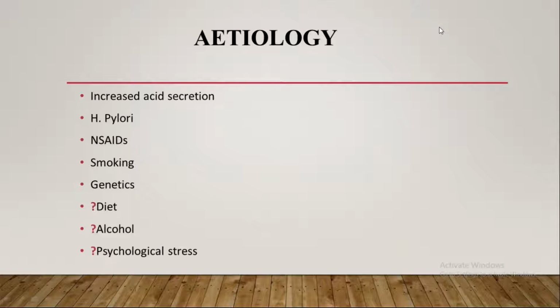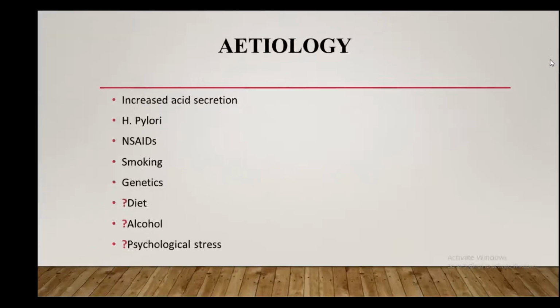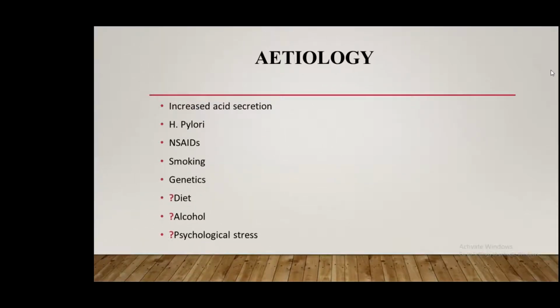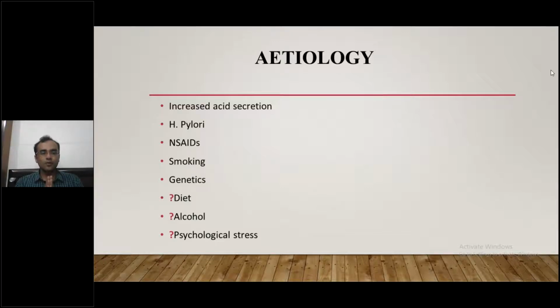When we talk about peptic ulcers, they are basically the ulcers which occur at the sites which are exposed to either acid or pepsin secretion. So increased acid secretion has an important role in the development of a peptic ulcer.